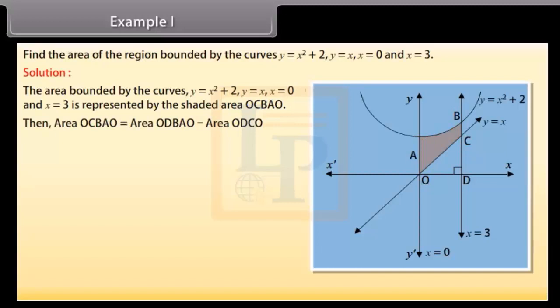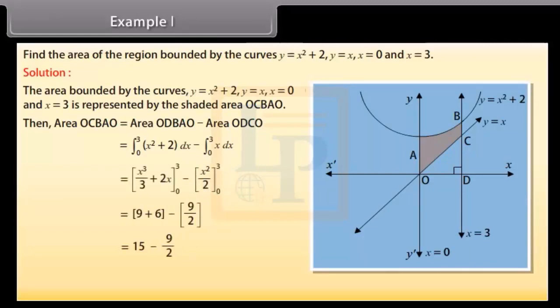Then area of OCBAO is equal to area of ODBAO minus area of ODCO, which is the integral from 0 to 3 of x square plus 2 with respect to x minus the integral from 0 to 3 of x with respect to x. By solving we get 21 upon 2 square units.